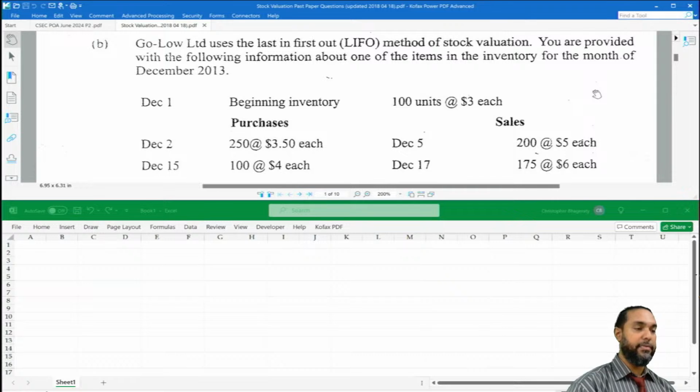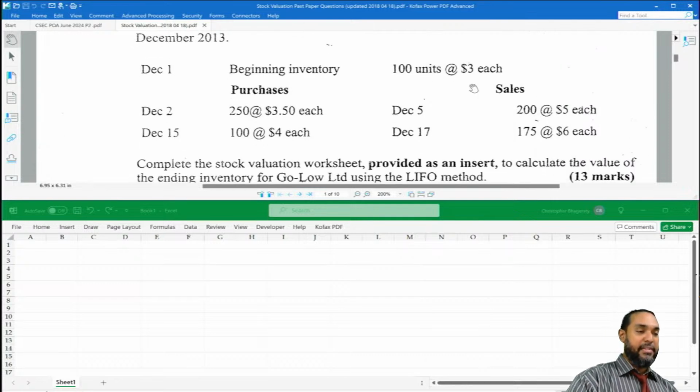You are provided with the following information about one of the items in the inventory for the month of December 2013. So beginning inventory is 100. We have two sets of purchases on the 2nd and the 15th: 250 at $3.50 each, and 100 at 4 on the 15th. In between that, we have a sale of 205, and after that, a sale of 170.